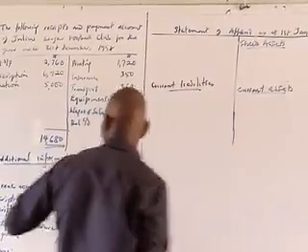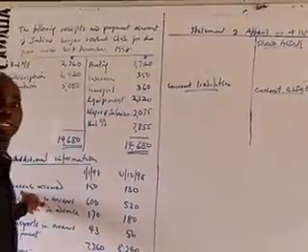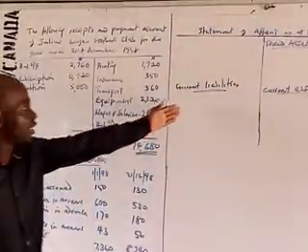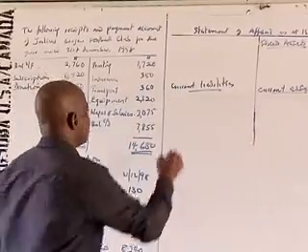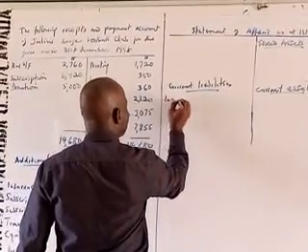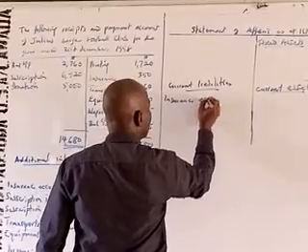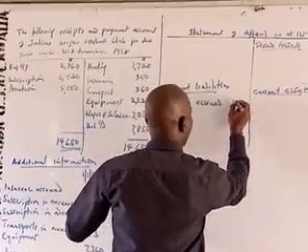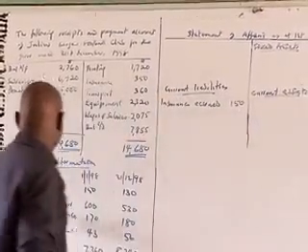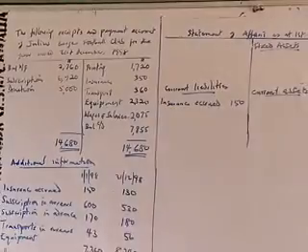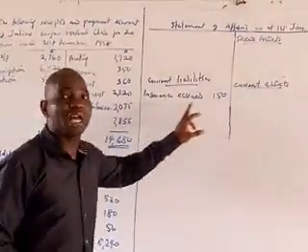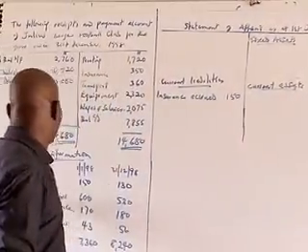And the first item here is insurance accrued. Insurance accrued is a liability. Where are we to record it? We record it under the current liability. Insurance accrued, and the figure was given as 150. The next one is subscription in arrears. So we have insurance accrued, we have subscription in arrears.